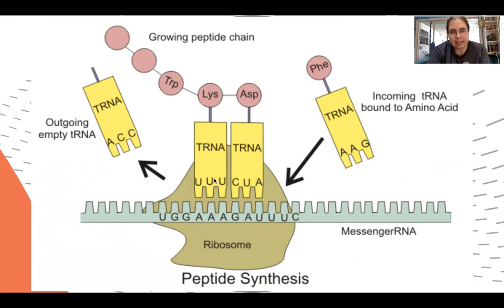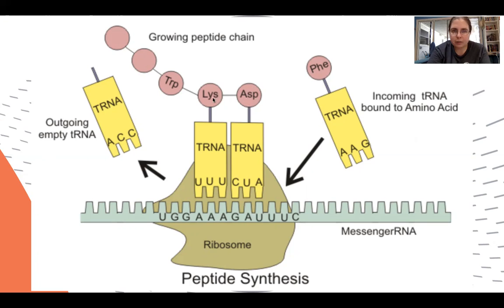Right now, this tRNA is holding onto the amino acid chain. See, there's his amino acid. And you know that he's supposed to be there because UUU is complementary to AAA. The second tRNA drops down, CUA is the anticodon, GAU is the codon, and there is its amino acid.